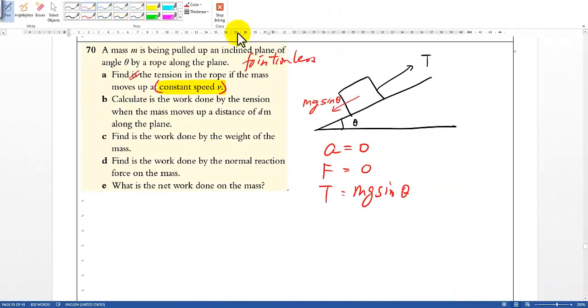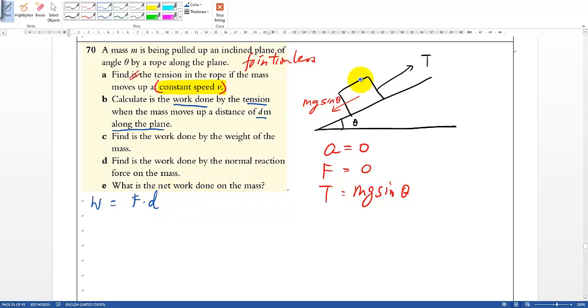Part B. So it says calculate the work done by the tension when it's moving up with the distance d meter along the plane. So it's actually quite easy because you know the work done is simply, I always write this one, W equals F times d.